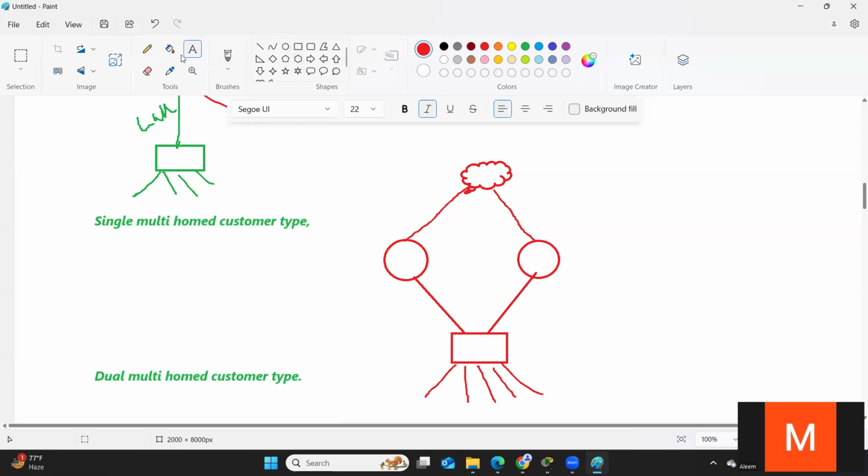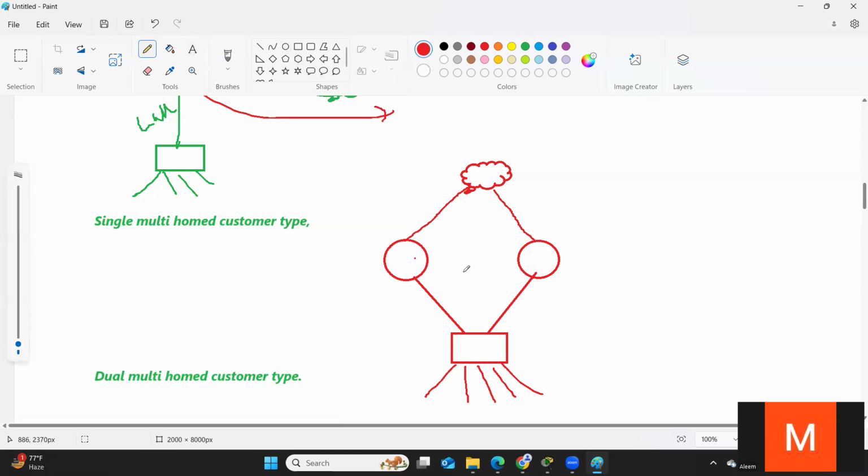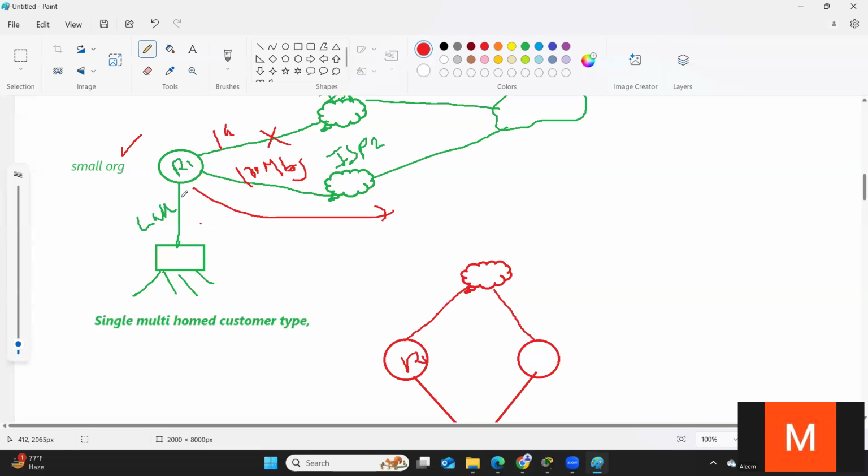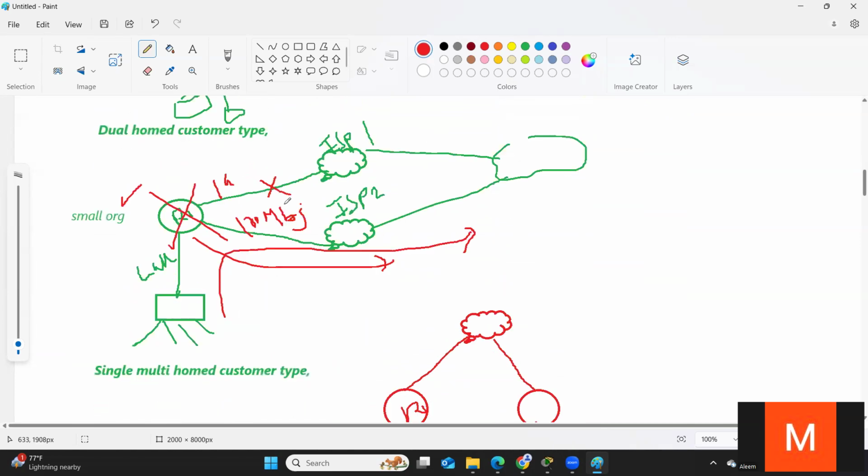Because even if this router goes down, they have a different ISP and a different router. What happens in this scenario? The LAN users can communicate easily. But in the earlier setup, if the router goes down, they cannot connect because the physical device goes down. There is no redundant path there, but here we have a redundant path. If there is a physical issue with this router, we cannot form neighbors and cannot reach the internet.